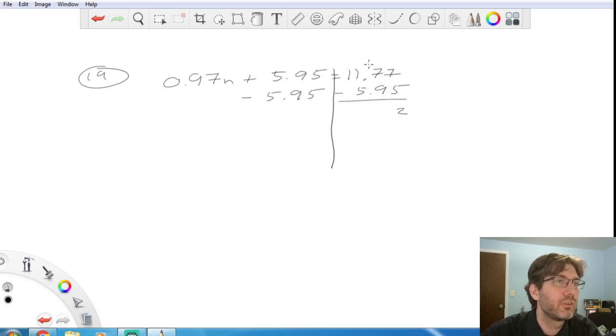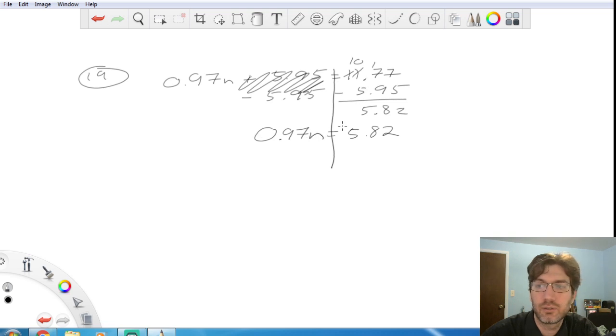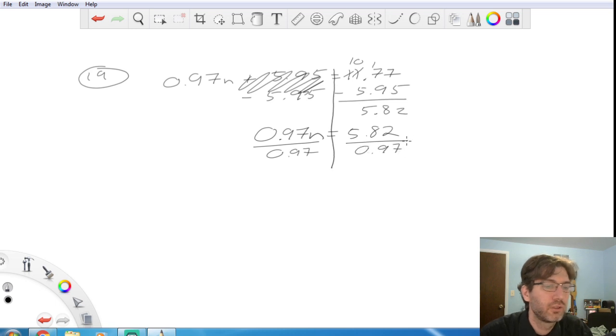7 minus 5 gives you 2. That you got to borrow for. Decimal. So you were getting 5.82. This cancels, and you're left with 0.97 n. Then you're going to divide each by 0.97.